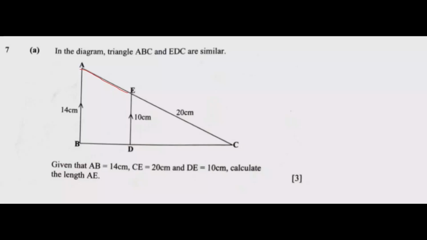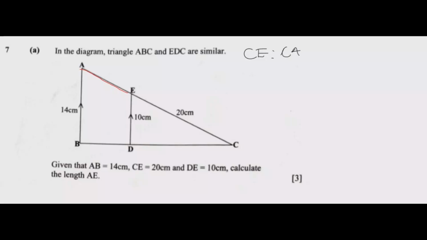First of all, we can use direct proportion. We look at sides that are proportional. So you can see that CE to CA.